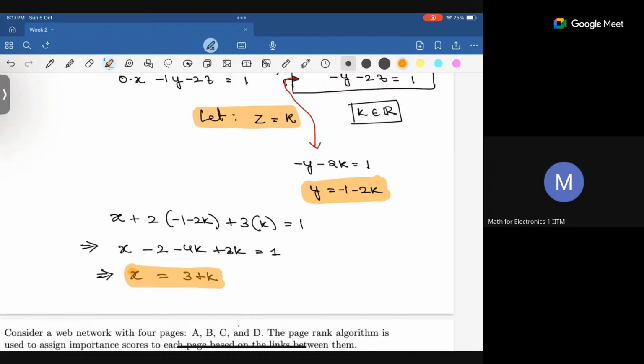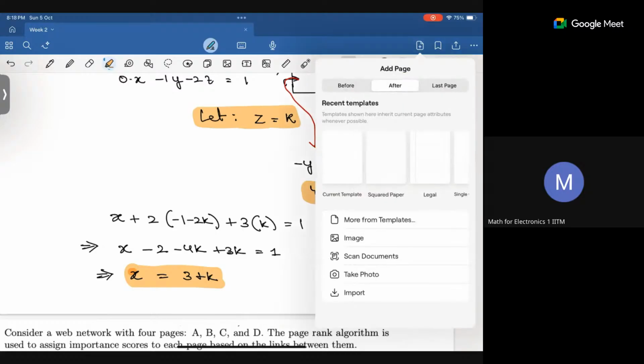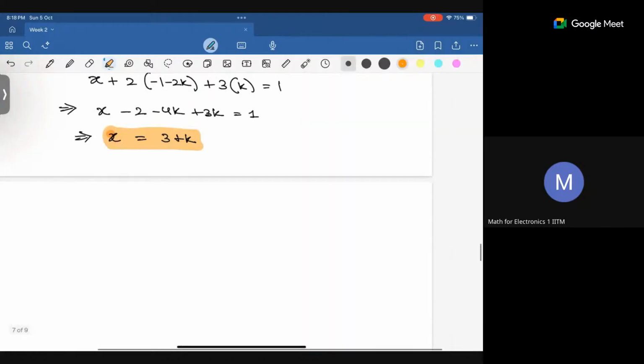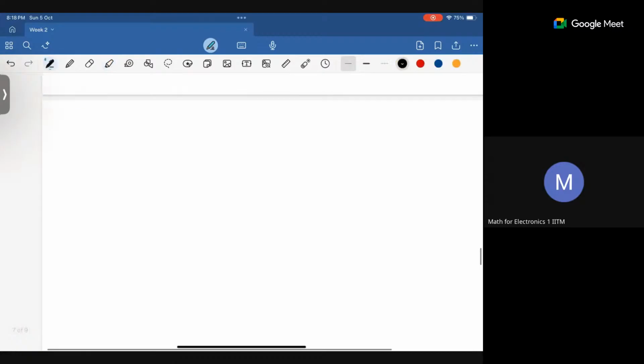Now I have the value for x, the value for y, value for z in terms of k. K is any real value. You give 0, then z will become 0, y will become minus 1, x will become 3. So that will form a solution. So this is one solution.